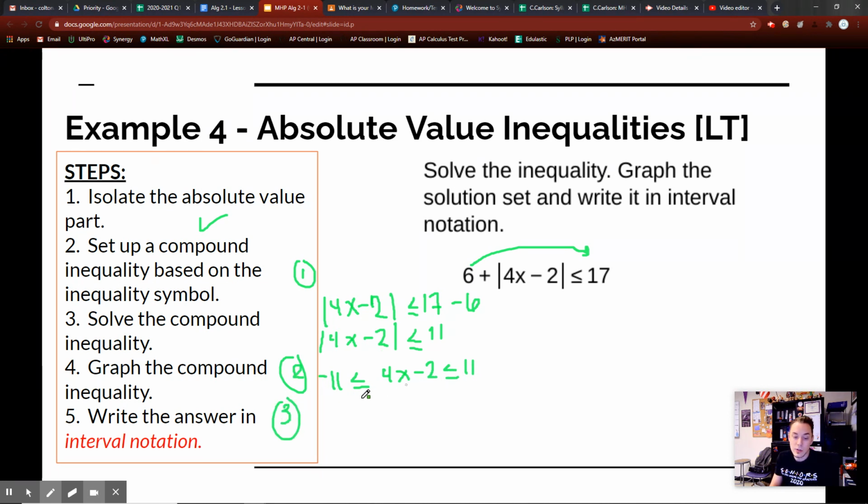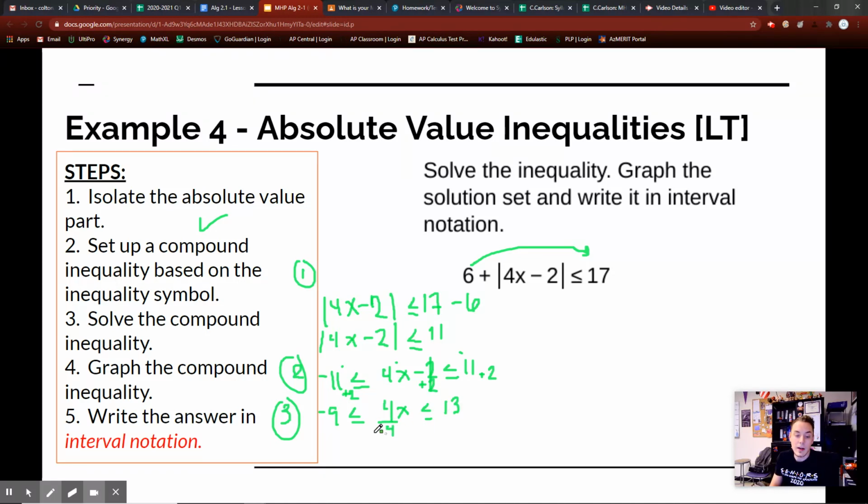I'm going to add 2 on both sides. So if I add 2 on literally every single side, I want to get rid of that 2, right? I'm going to add 2 here, and then the 4x, that goes poof. Negative 11 plus 2 is negative 9, and 11 plus 2 is 13.